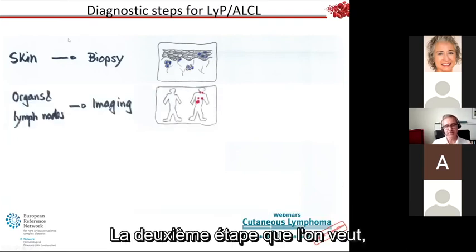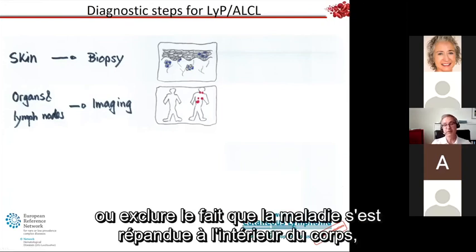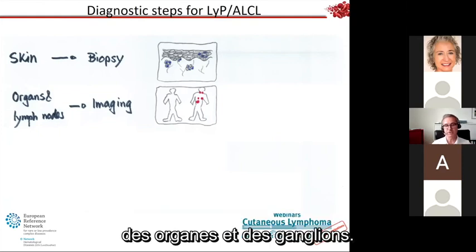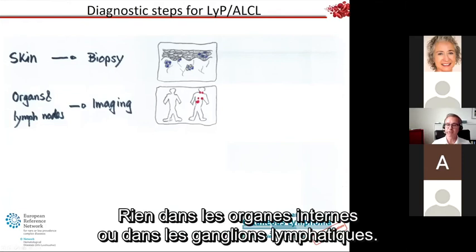The second diagnostic step is we want to confirm or exclude that the disease has spread to the inner body, to organs or lymph nodes. This is what we expect if we do a PET scan or a CT scan: no involvement of the inner organs or lymph nodes.